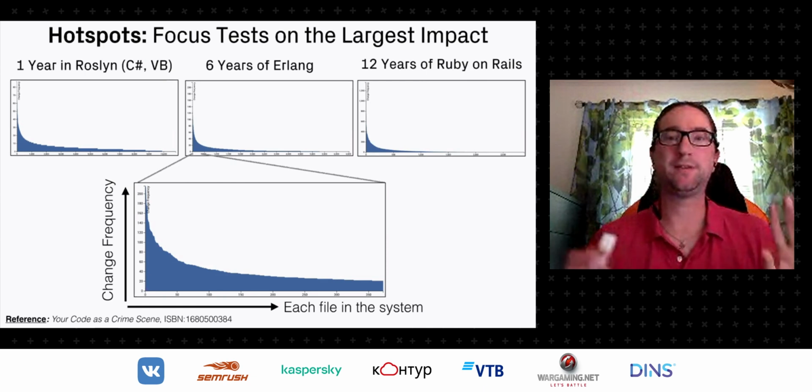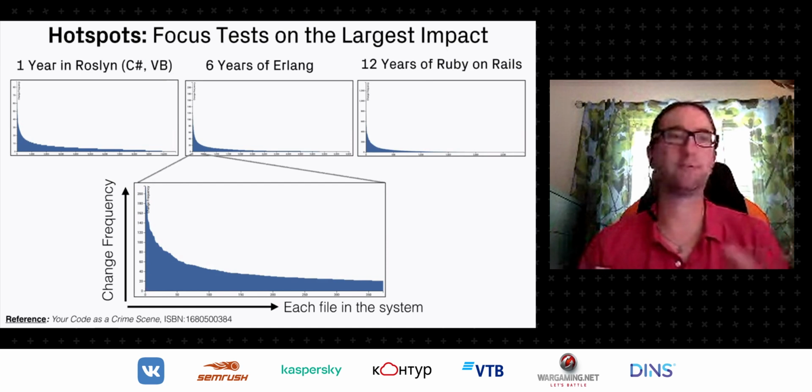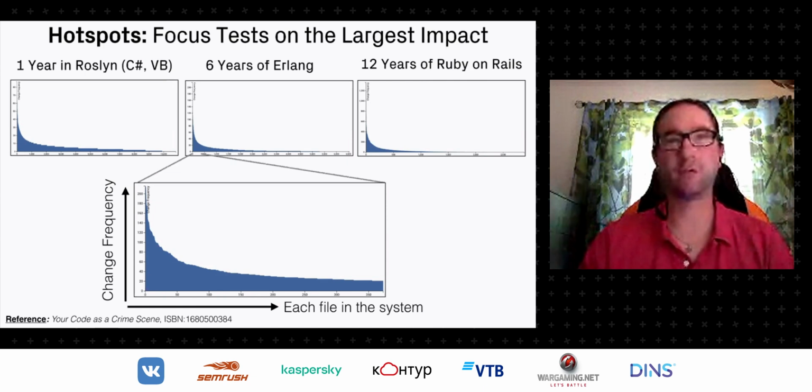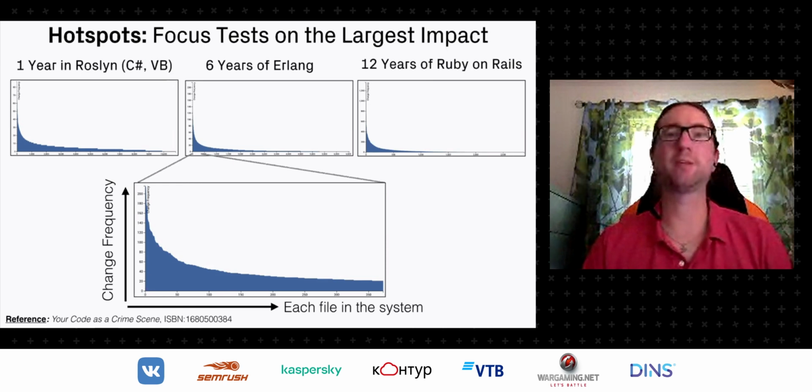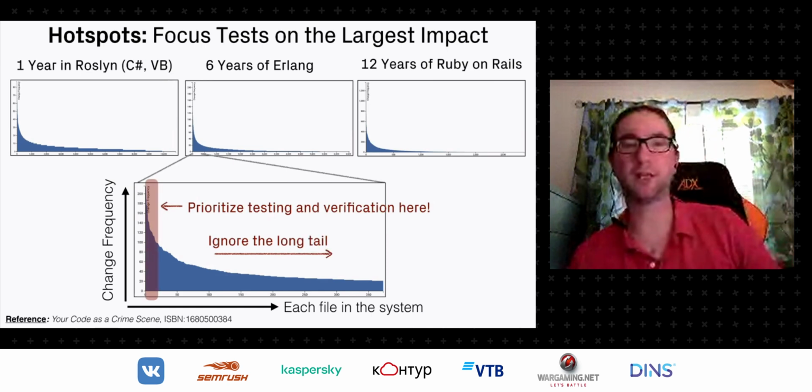And this is something I've found in every single code base that I've ever analyzed. And I've probably analyzed somewhere between 250 and 300 code bases by now. So this seems to be a general rule for how software evolves. And this is important to us because what it means is that most of our code is going to be in the long tail.